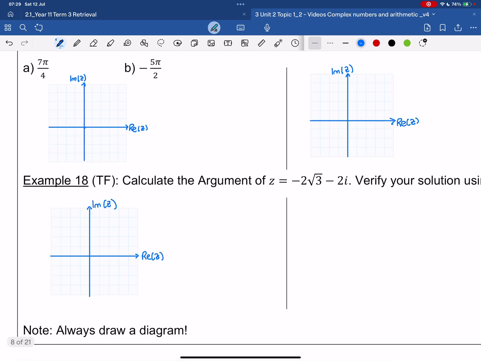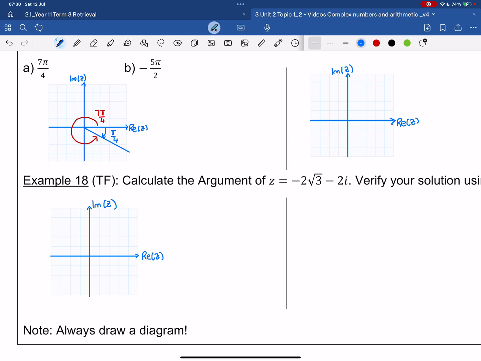So that's going to be in my fourth quadrant, okay? And this angle over here is pi on 4, and remember that anticlockwise from 0 is your positive direction, so that's my angle of 7 pi on 4.